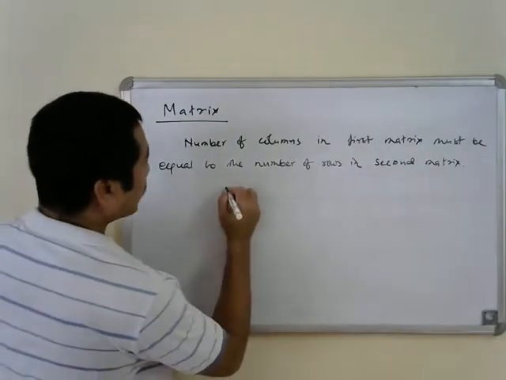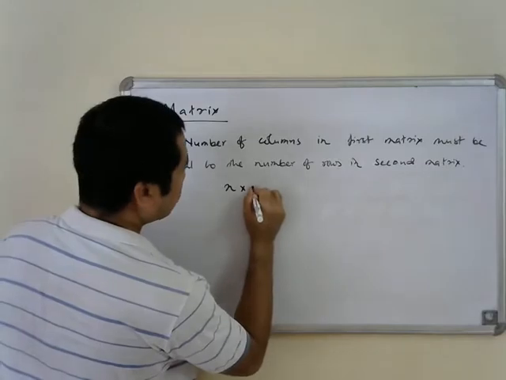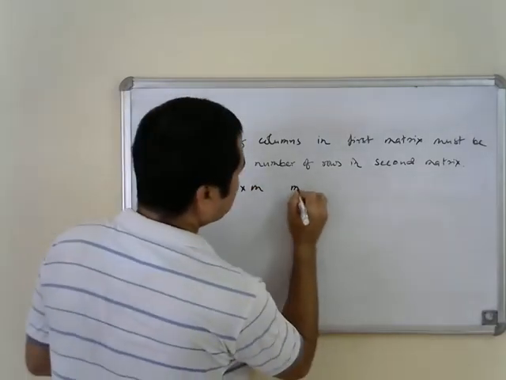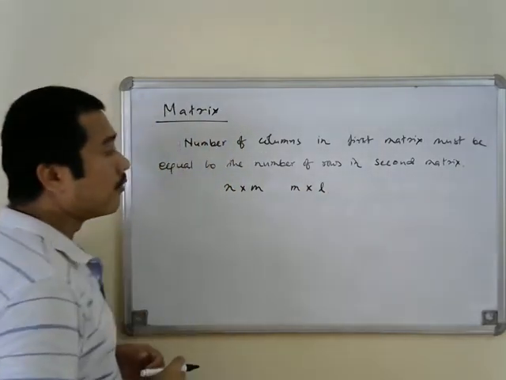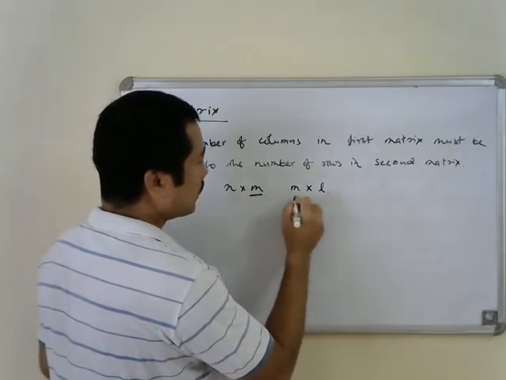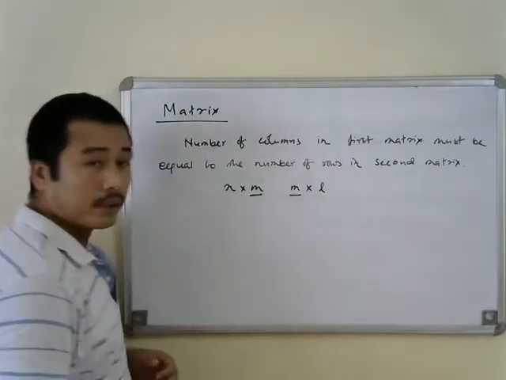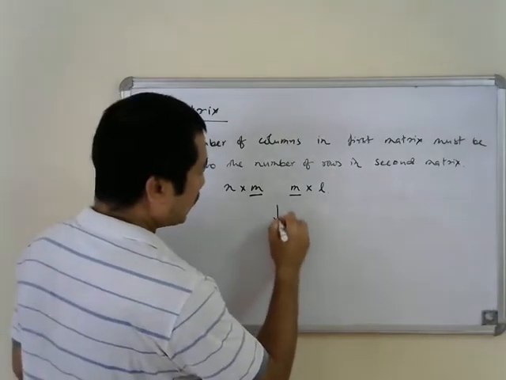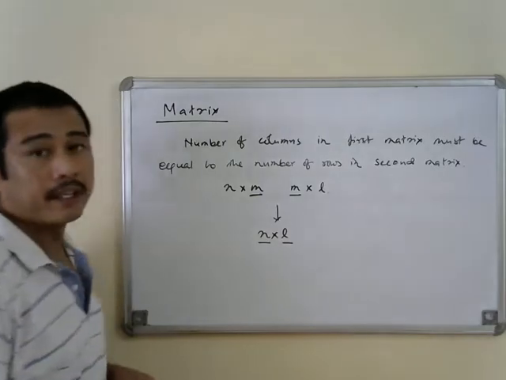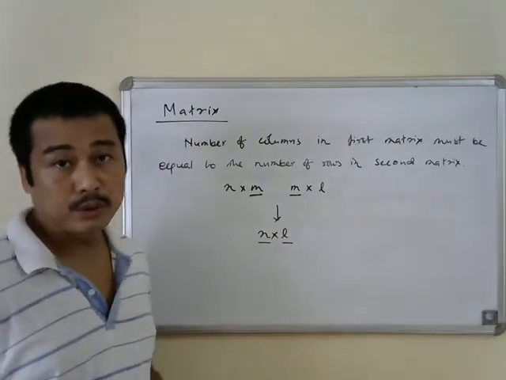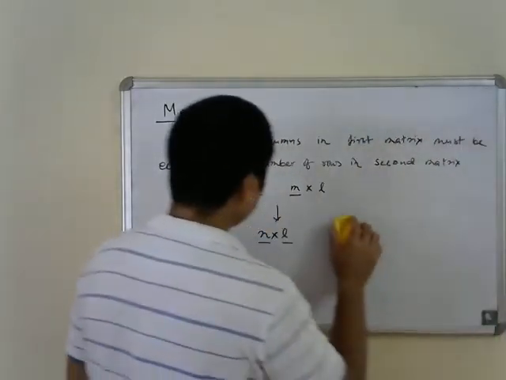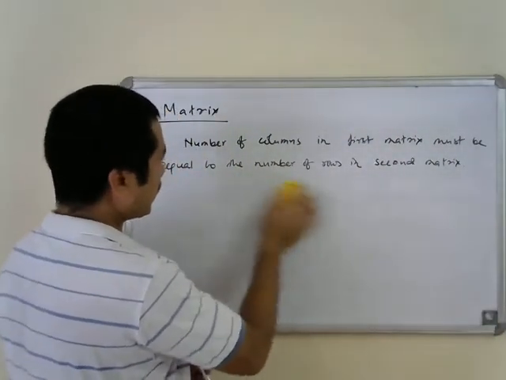So that means we can multiply an n by m matrix with, say, an m by l matrix, that is, the number of columns in the first matrix is equal to the number of rows in the second matrix, and the resulting matrix will have dimension n by l, that is, it will have n rows and l columns. So let us now see how one can do matrix multiplication by taking an example of, say, two matrices.